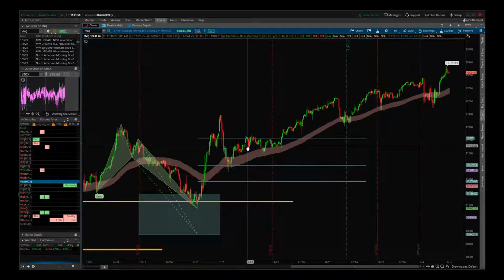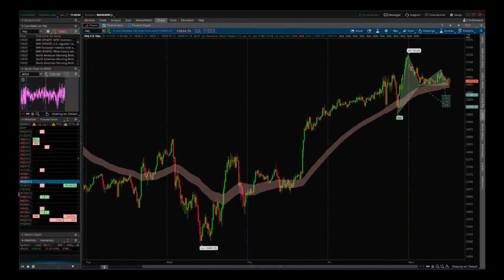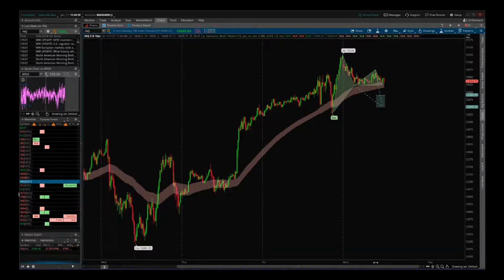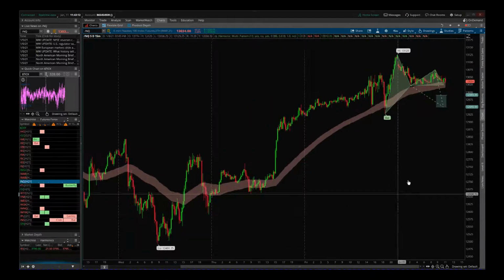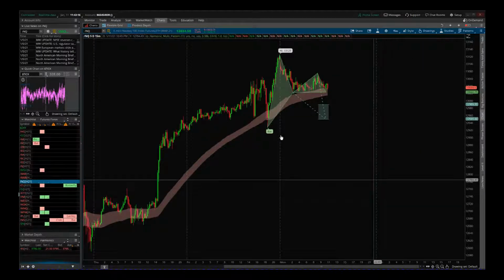Now if we look at NASDAQ on the 15-minute, we can see right now we have a crab pattern forming. This is what it looks like in real time.